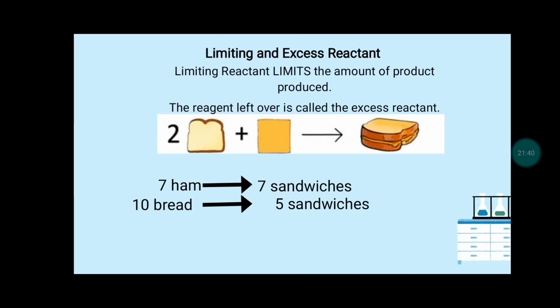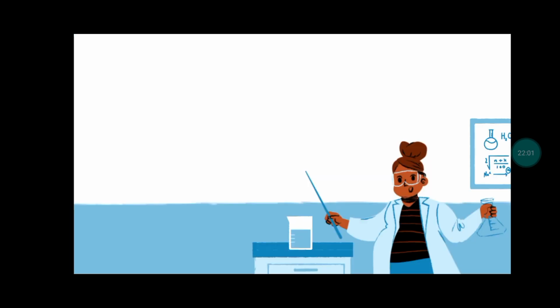So, kapag 5 sandwich lang yung magagawa natin, ibig sabihin may excess tayo na 2 ham. So, yun ang ibig sabihin ng limiting and excess reactant. So, yung limiting natin dito is yung bread, and yung excess natin is yung ham. May excess tayong 2.